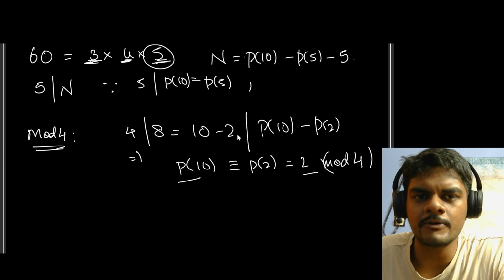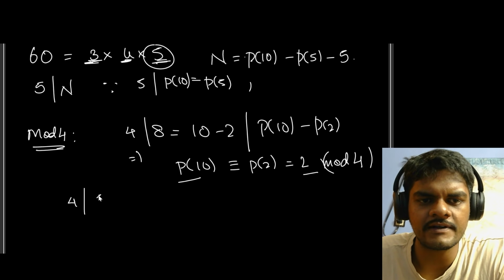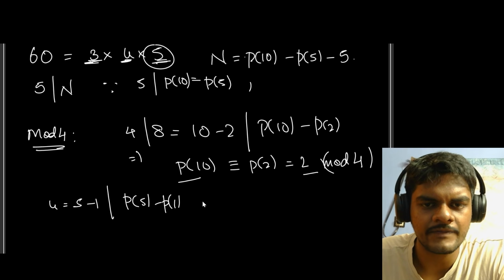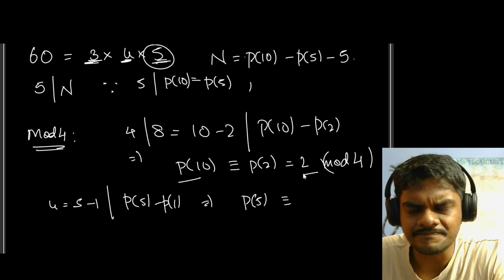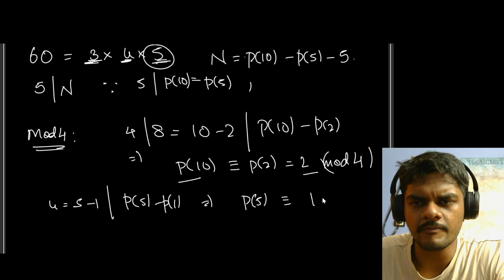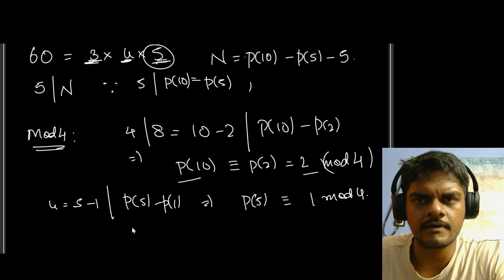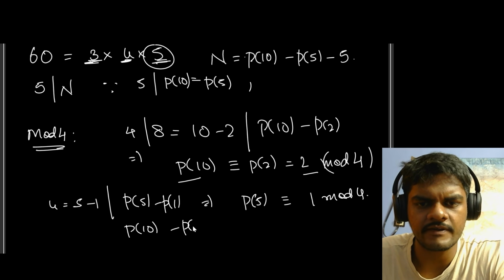So p of 10 is 2 mod 4. Okay. And what about p of 5? 4, which is equal to 5 minus 1, divides p of 5 minus p of 1. So that will imply p of 5 is congruent to 1 mod 4. So what is p of 10 minus p of 5?